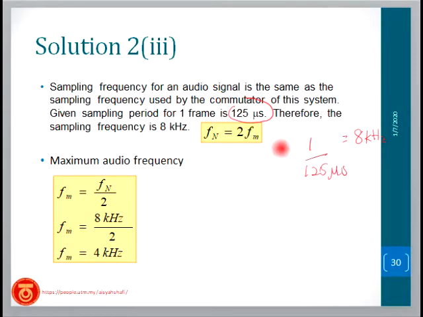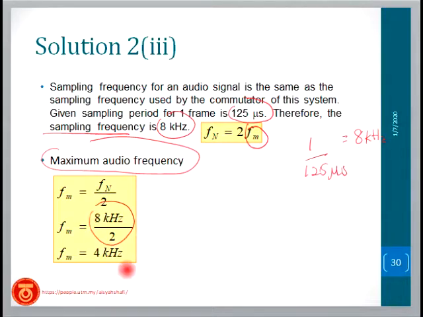The 8 kilohertz is the sampling frequency. From the Nyquist formula, the sampling frequency is 2 f max. So to get the maximum audio frequency, you need to calculate fm. So fm is fs over 2. Here the sampling frequency, or Nyquist frequency, is 8 kilohertz. So 8 kilohertz over 2, the answer is 4 kilohertz.